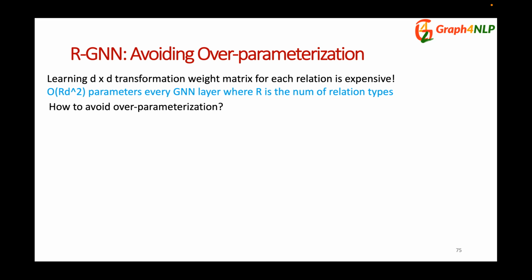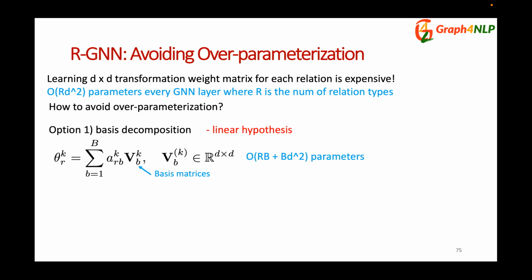There are two common ways to avoid this over-parameterization of RGNN. One is to introduce basis decomposition, which regards the relation matrix as a linear combination of some shared bases. This can be seen as a form of weight sharing between different relations, and that can largely reduce the number of parameters.